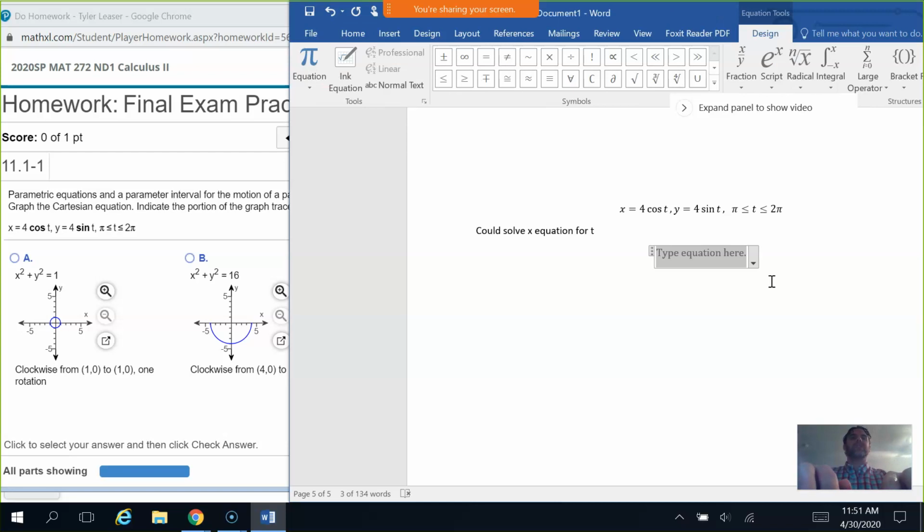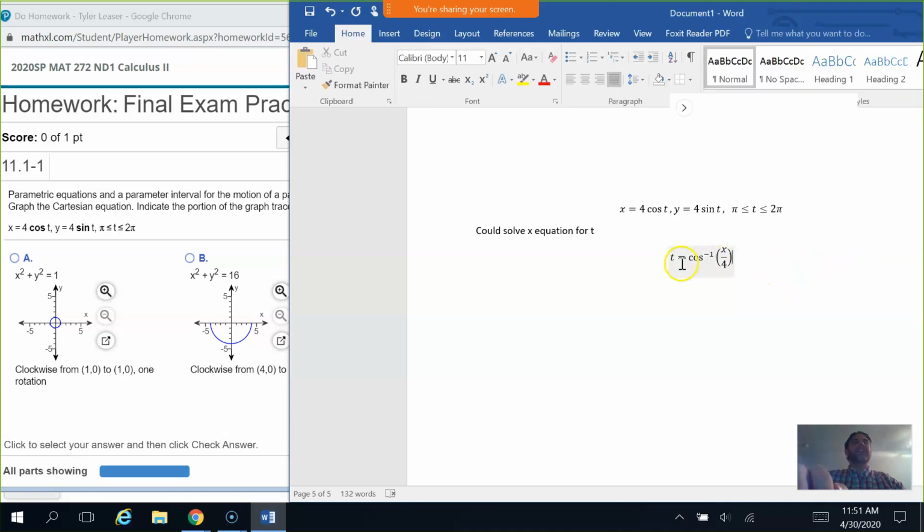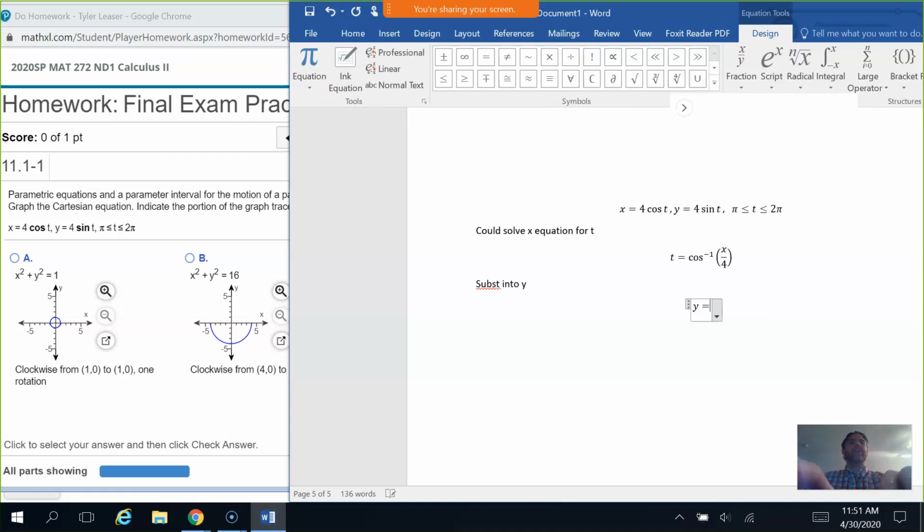Just doing that real quick, you would divide the 4 over and then take the cosine inverse and get that t is the cosine inverse of x over 4. But then you would substitute that into y. And that would give you y equals 4 sine of cosine inverse of x over 4.